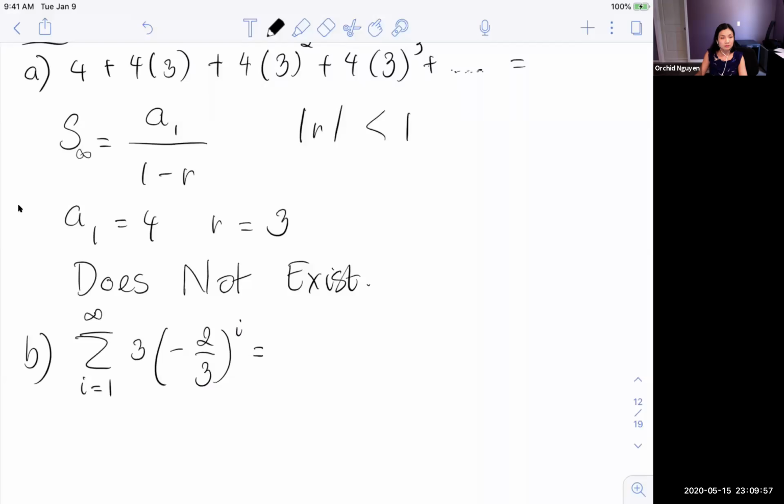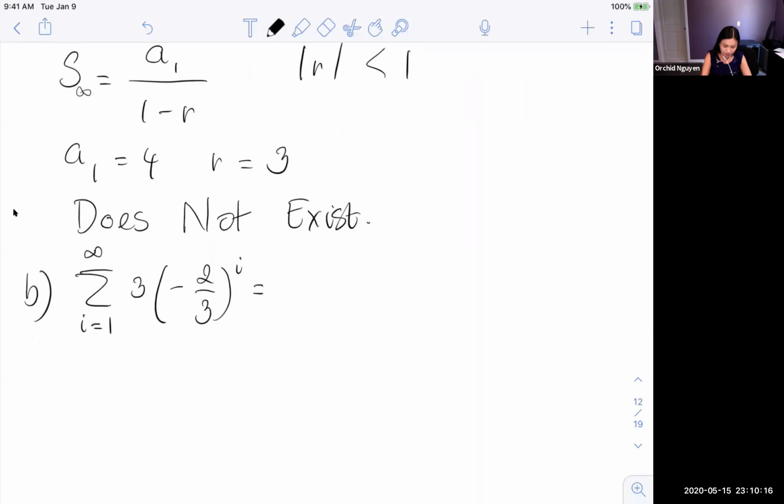We're going to have to figure out r. So r in this case is negative 2/3. By the way, how do we figure out r? If you take A2 divided by A1, you should get r. Or A3 divided by A2, A4 divided by A3, and so on.